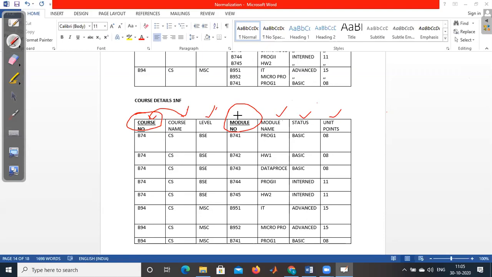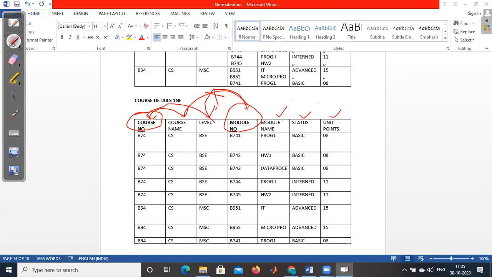Module number is also a key attribute, but course name does not depend on the module number. In the same way, course level depends on the course number, but course level does not depend on the module number.